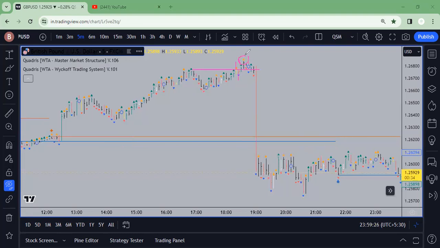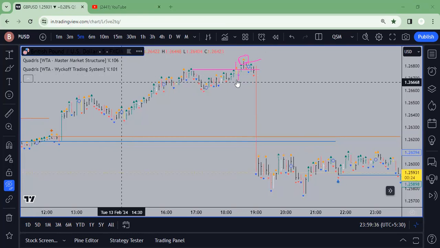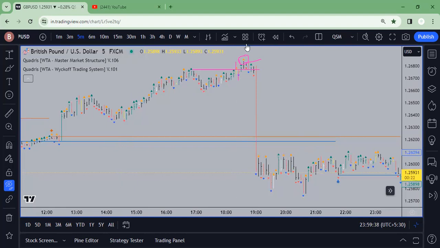All of a sudden, when we have broken above this level, we are getting a weak demand bar, which is followed by a weak supply and a strong supply bar, and a very narrow range demand bar. This is an effort versus result kind of bar.